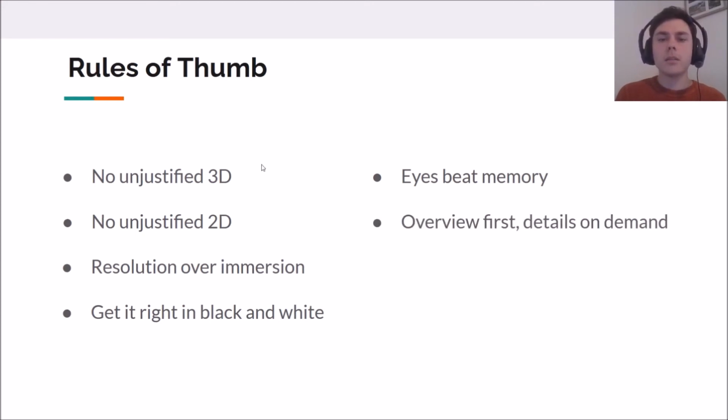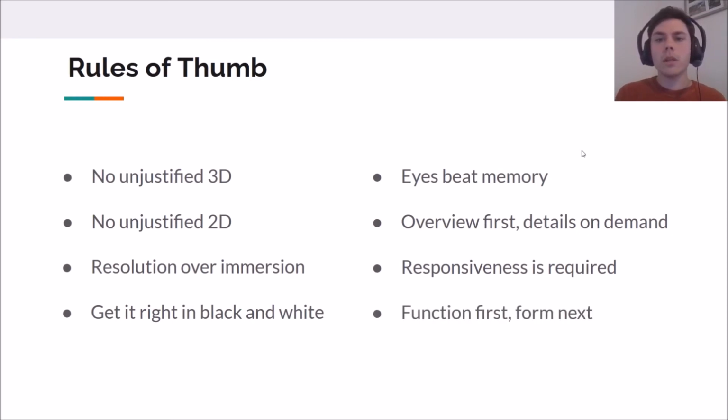Then again, something mostly for interactive visualizations, but it also can be relevant if you show static ones in a given sequence. You should always provide an overview first and then provide details on demand. Again, in case of interactive visualizations, they must be responsive, because otherwise they are horrible to use. And a very nice summary of all of these rules: always think about the function, about the user tasks first, and then about the form.